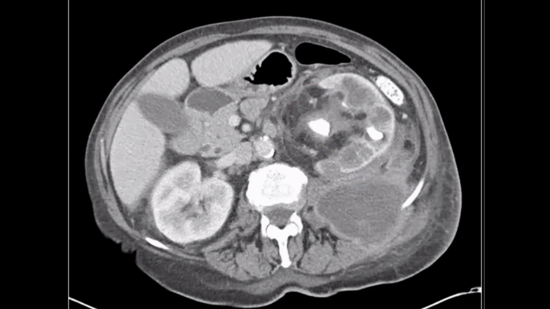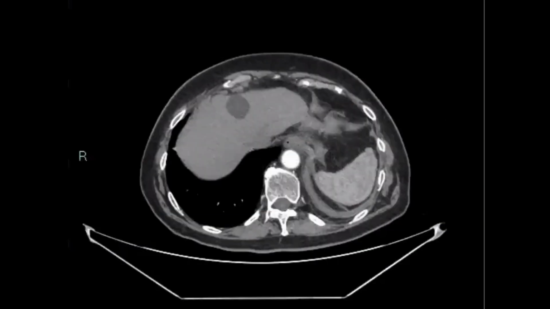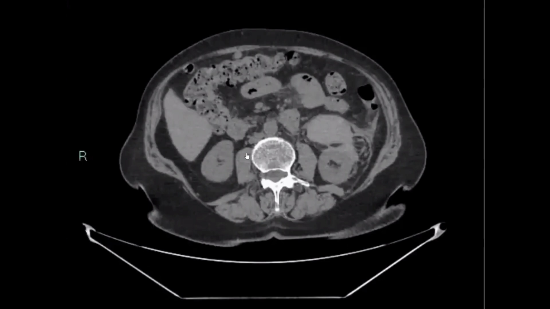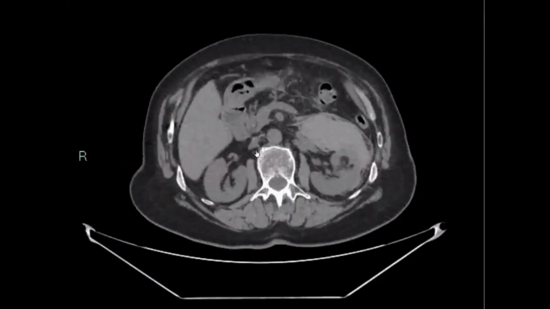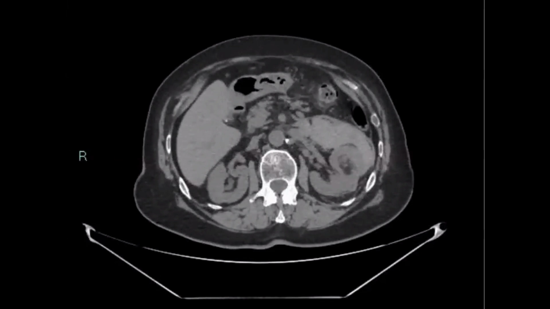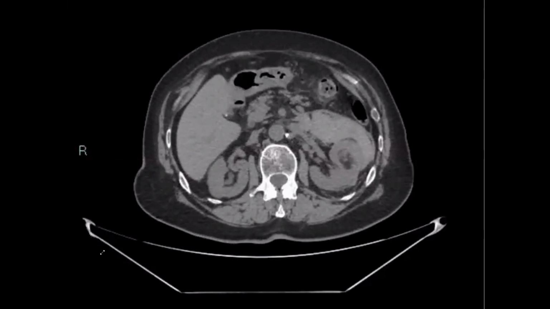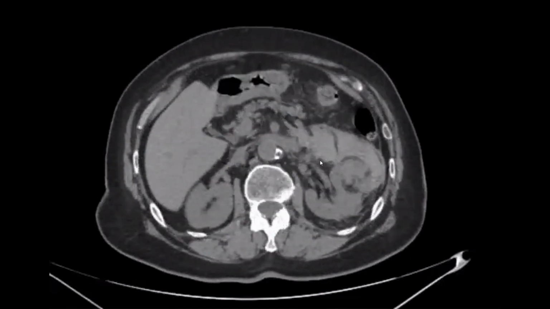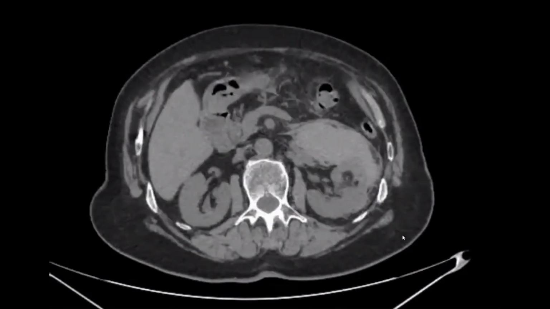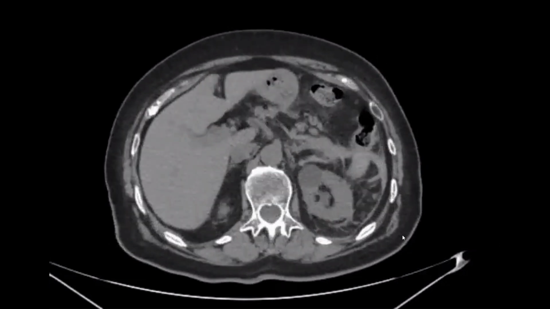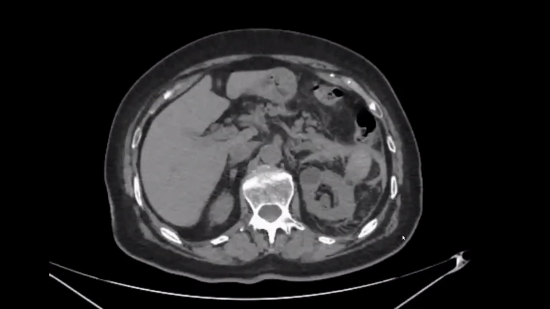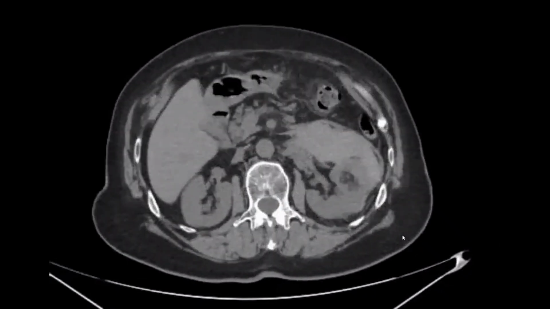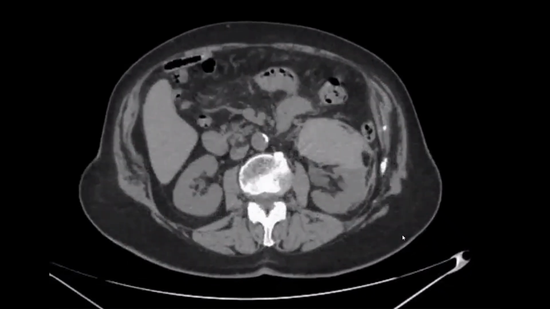Can you keep with me, please, candidate number 12, to see this case? This is the last case that we have today. Okay. In this non-enhanced CT axial section, I can appreciate a fat-containing lesion involving the interpolar region of the kidney, and also extensive perinephric fat stranding and a high-density area in relation to this fat-containing lesion.